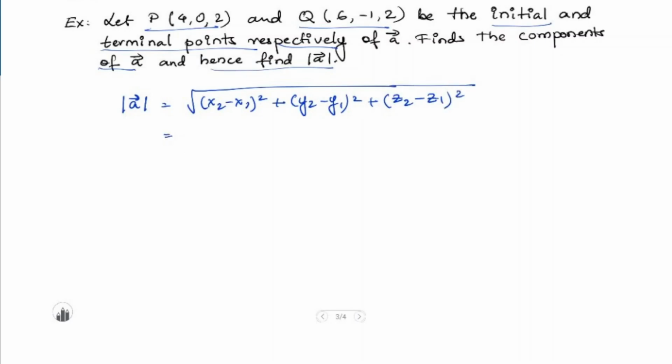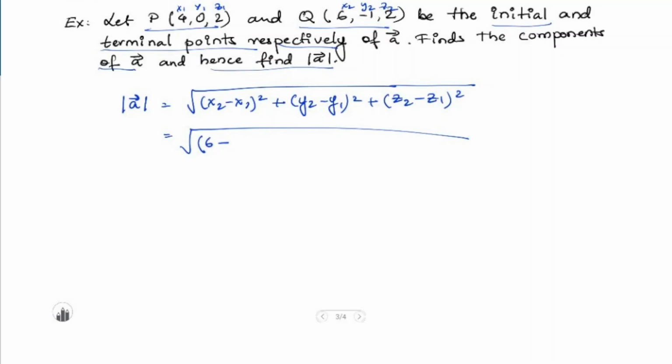So here, let's say the Q points are x2, y2, and z2. And therefore the points of P would be x1, y1, and z1.